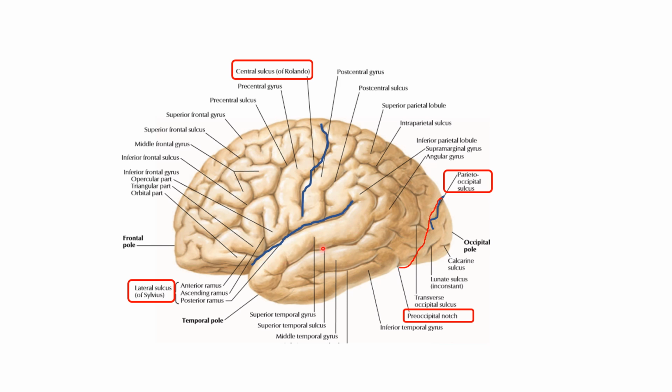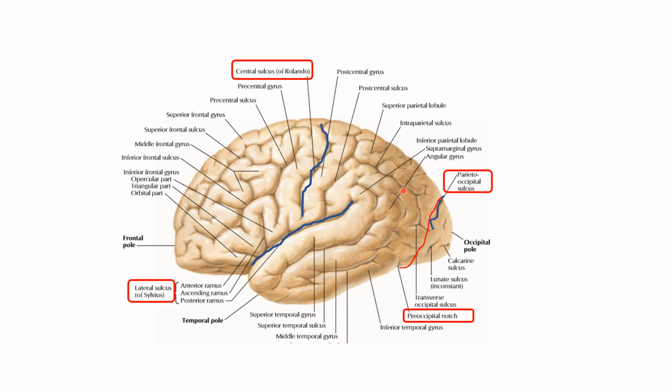The part of the temporal lobe just above the superior temporal sulcus is known as the superior temporal gyrus. The part which is below the inferior temporal sulcus is known as the inferior temporal gyrus, and the part in between these two sulci is known as the middle temporal gyrus.